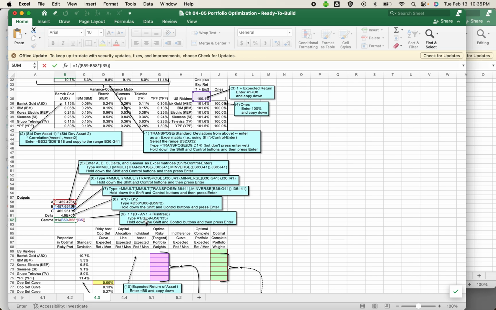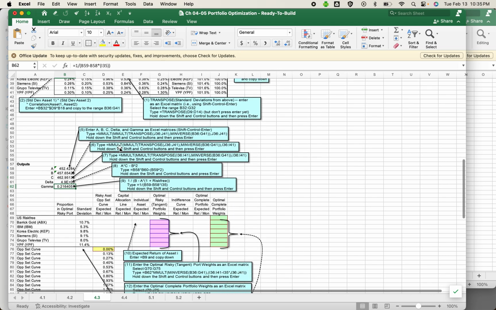Right, B59 minus B58 times I35. Just verifying my formulas. My gamma, 59 times I35.